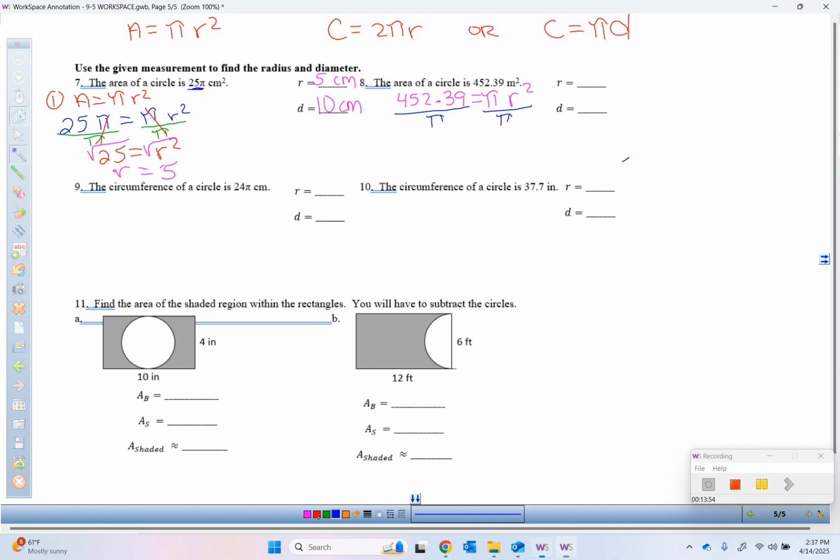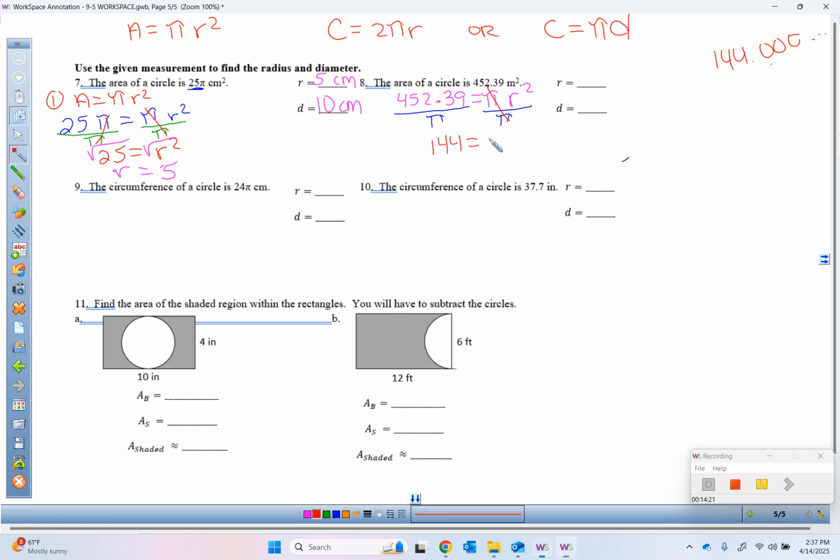Do it on this side, you have to do it on that side. These will cancel, and if you put 452.39 divided by pi in your calculator, you get something like 144.000 and then some numbers. So 144 is fine, because if we're rounding to the nearest tenth, it'll be 144 anyway.